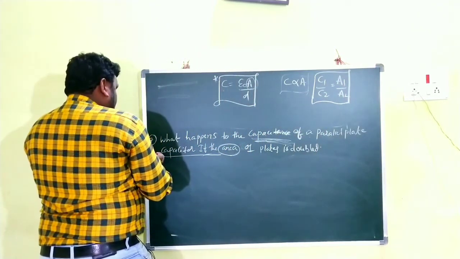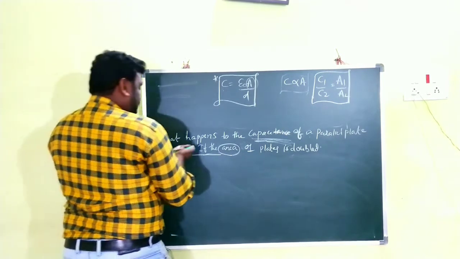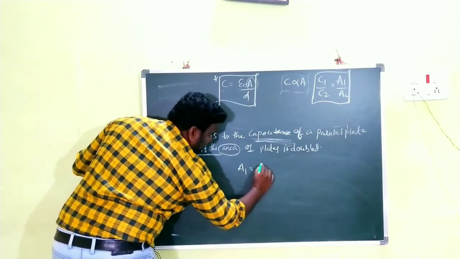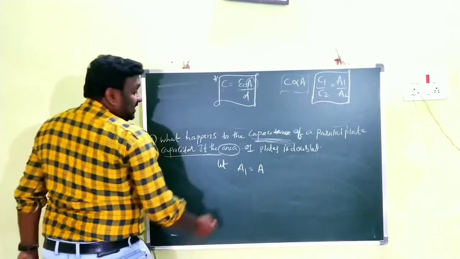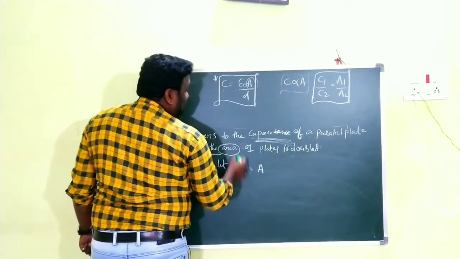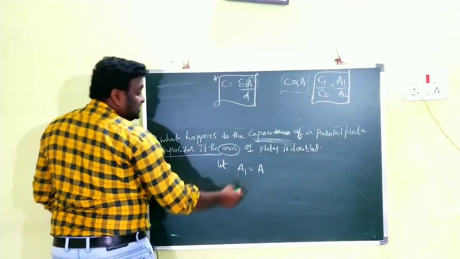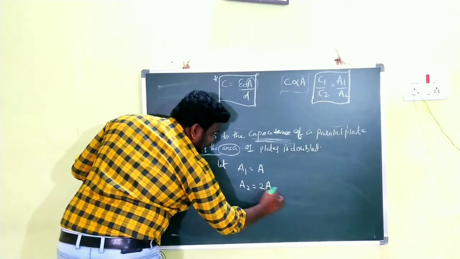Let the initial area of the plates of the capacitor be A1 equals A. Now the area of the plates is doubled, that means I am taking A2 equals 2A.